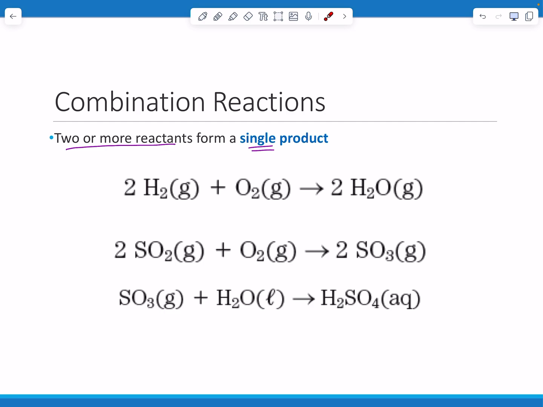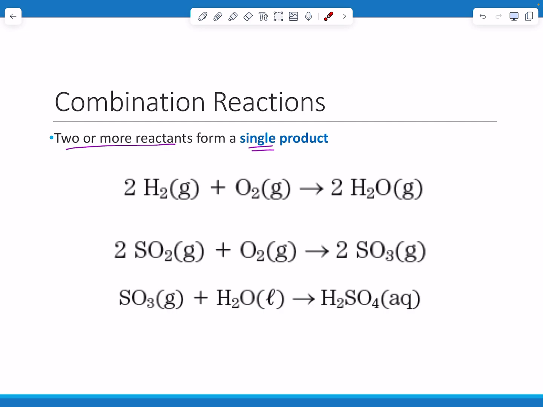This happens in the atmosphere. When we burn fossil fuels and those carbon sources that we burn for energy, they have sulfur in them. Burning is a chemical reaction where you're adding oxygen to the thing you're burning. So the hydrocarbon fuel will have oxygen added to it. It will become oxidized, but so will any sulfur that's in there.